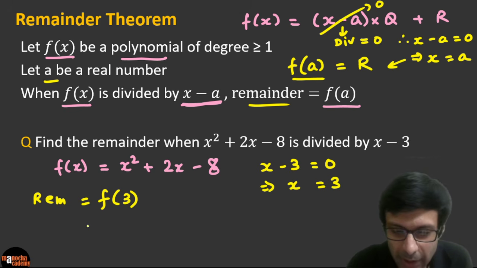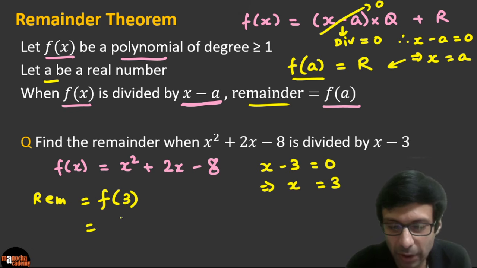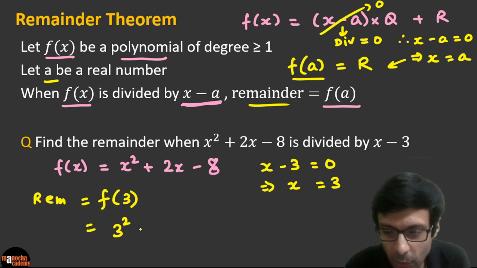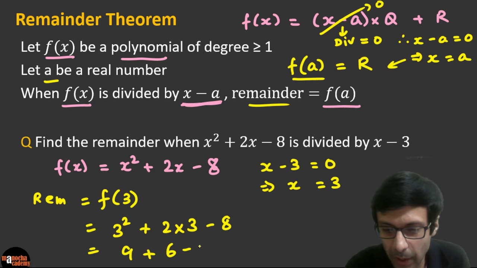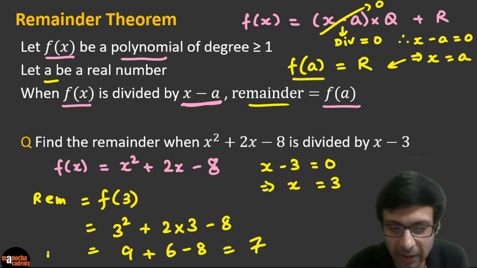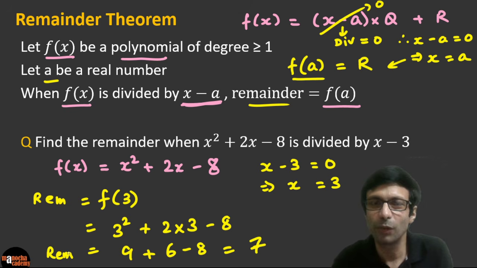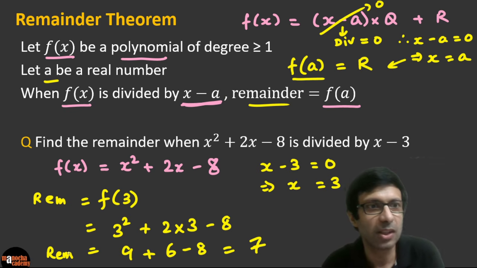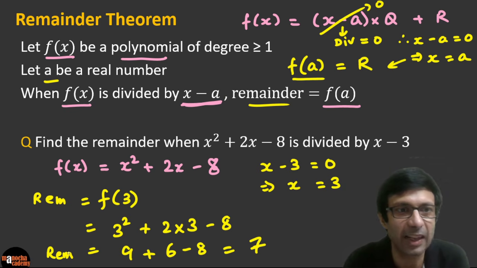Superb. So let's go ahead and substitute that. If we put 3 in the polynomial, we're going to get 3 square plus 2 times 3 minus 8. So that's going to be 9 plus 6 minus 8. So that's 15 minus 8. Excellent. A lot of you have the right answer. The remainder is 7. So did you see the beauty of the remainder theorem? We found this without doing any division.